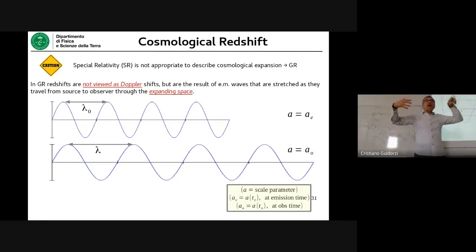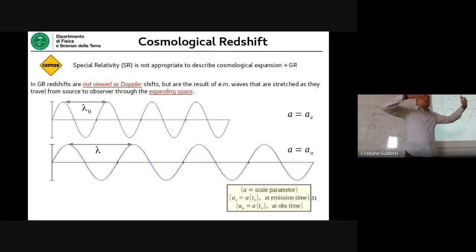So you have a wave traveling along a space-time which is all stretching. The result is that the wavelength increases. If we call lambda the final wavelength, that is the wavelength of the photon at the time of observation, at that time the scale parameter will be different. We call AO the scale parameter of the universe at the observation time.